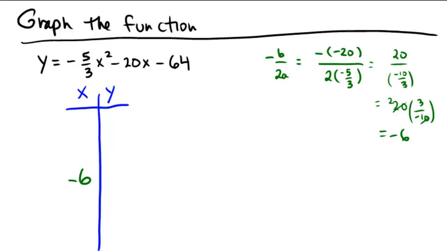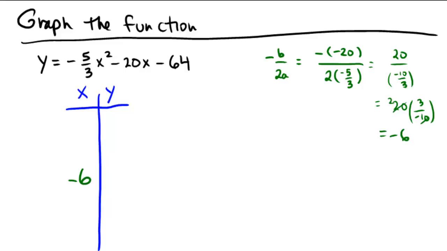So now I'm going to break into my calculator and type in negative 5/3 x squared minus 20x minus 64, and I'm going to use that to figure out what some of these values are around negative 6.